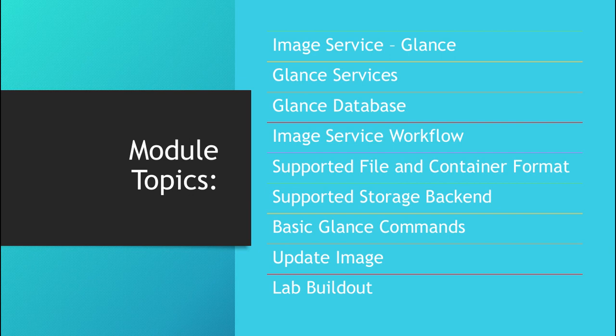Also we'll see a few basic commands on Glance, then how you can update an image, and at the end of the module we'll see how your lab build-out will look once you install Glance.